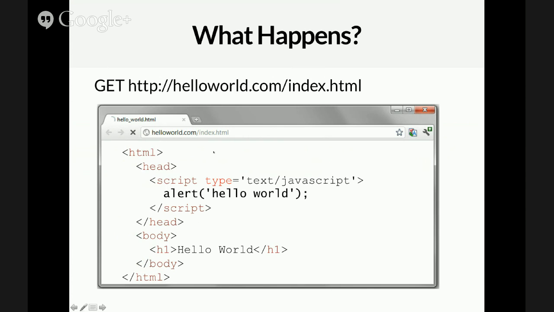So what I mean is, think about what happens if you were to put in helloworld.com/index.html and hit enter, and the server is going to return back this data. What's going to happen, as detailed as possible? Alexis, what do you think is going to happen? And if you don't mind, Alexis, give the answer that most people typically give.